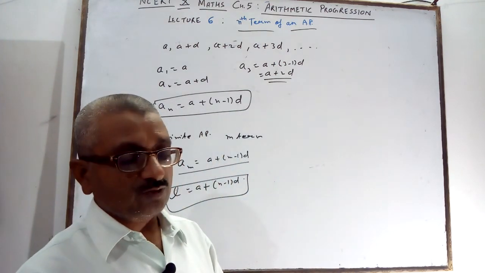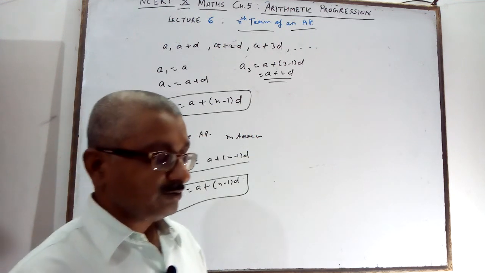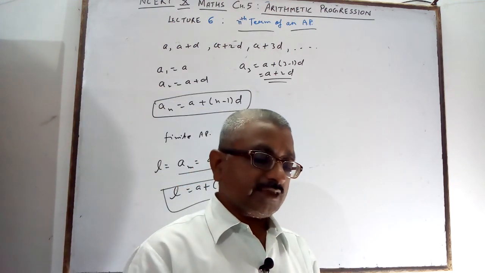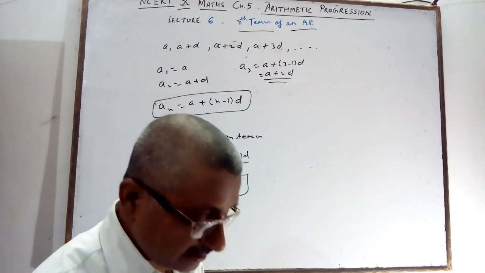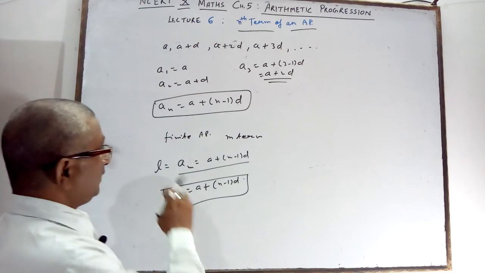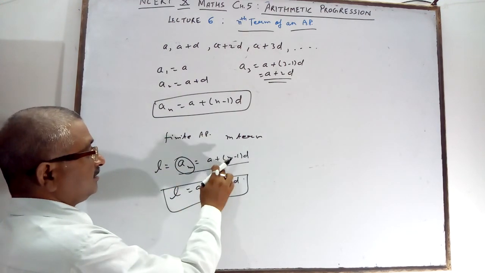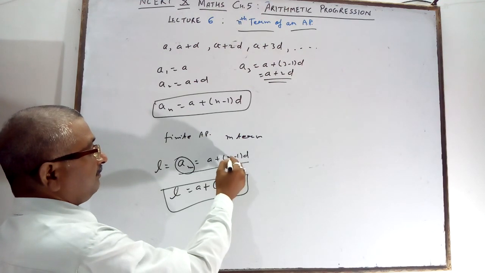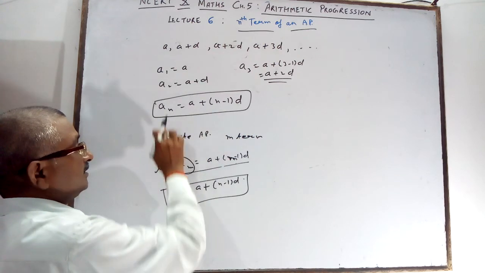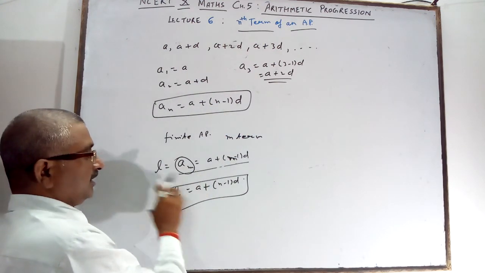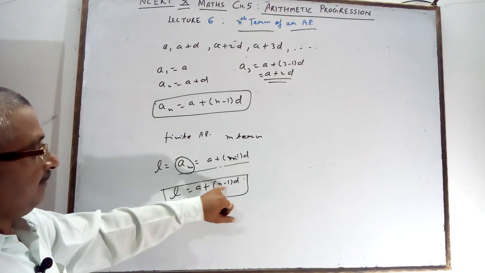So the general formula is called the general term of an AP. Any term you can get: the second term, the last term, the nth term or the mth term. If the last term is l, then l is equal to a plus (m minus 1) into d, or n minus 1, where n is replaced by m.